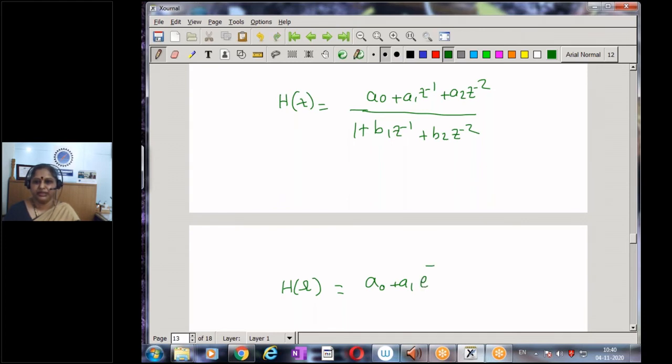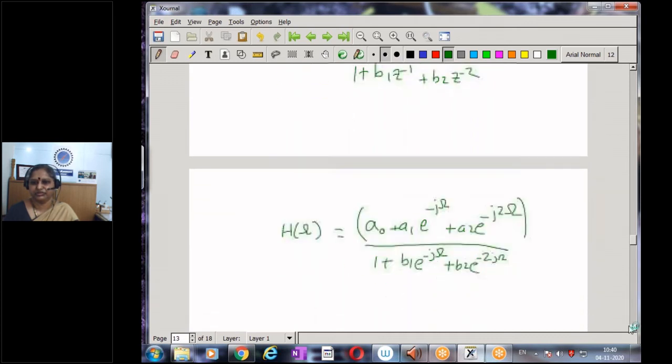So I get A0 plus A1 e to the power of minus j omega plus A2 e to the power of minus 2j omega, divided by 1 plus B1 e to the power of minus j omega plus B2 e to the power of minus 2j omega. So this becomes the frequency response of the system.